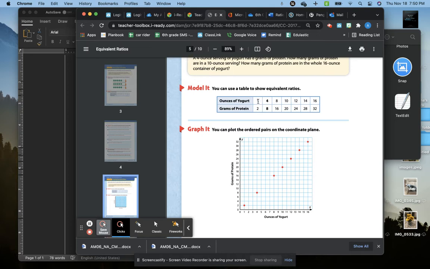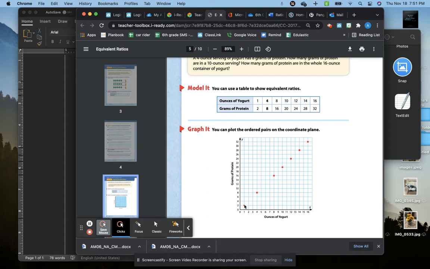So your x would be your yogurt up here at the top, and your y would be your protein down here at the bottom. So my first ordered pair would be 1 and then 2. So I'd go over 1 and up to 2. My next one would be 4 to 8. So I would go over 4 and up to 8.